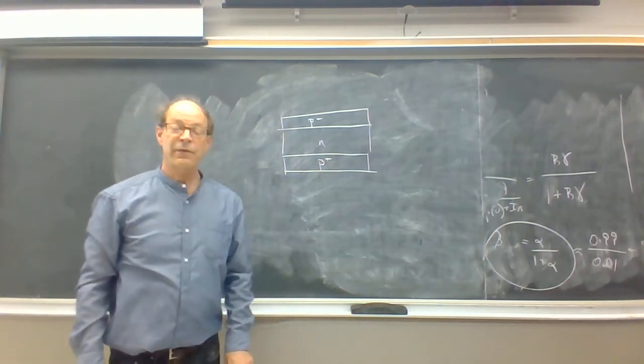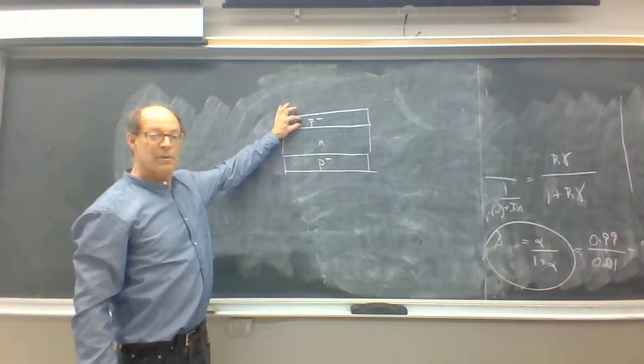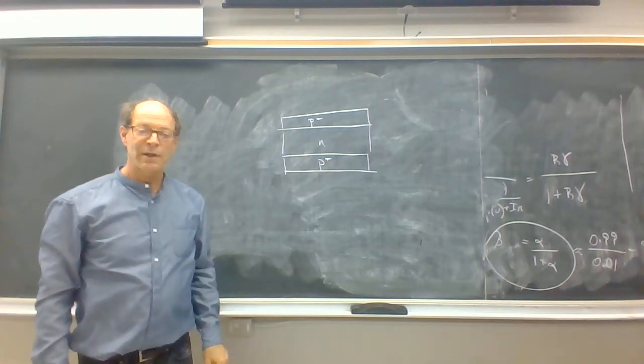The junction field effect transistor consists of a P plus layer, an N layer, and then another P plus layer.